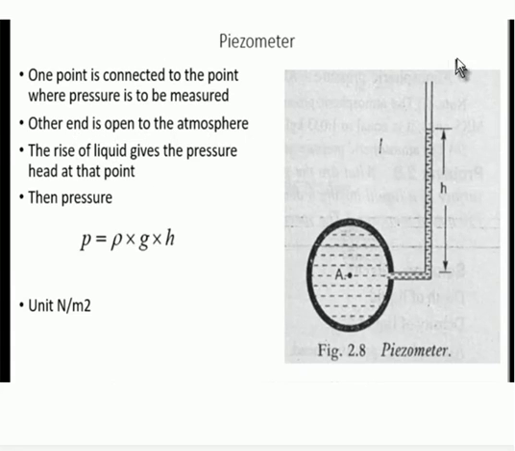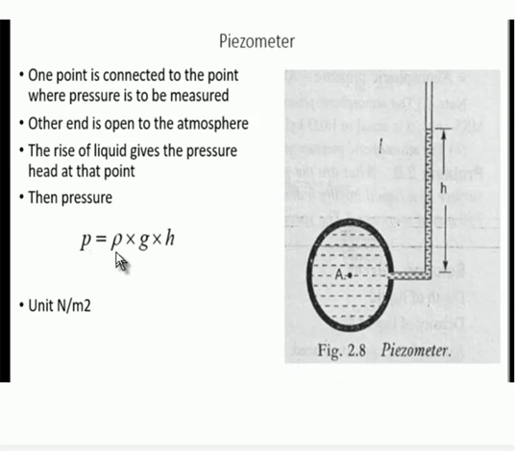This end is open to the atmosphere. Okay, the rise of liquid gives the pressure head at that point. So whatever the rise of liquid in this column will give us the pressure head at this point.